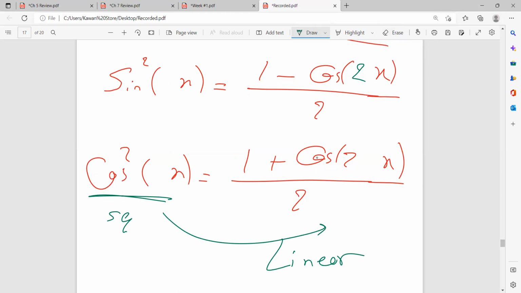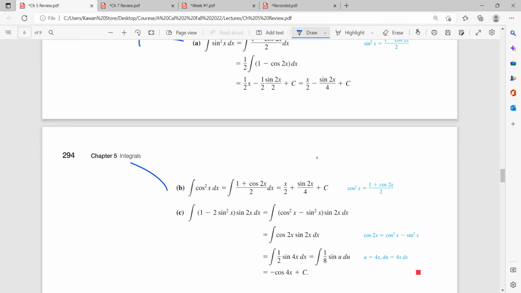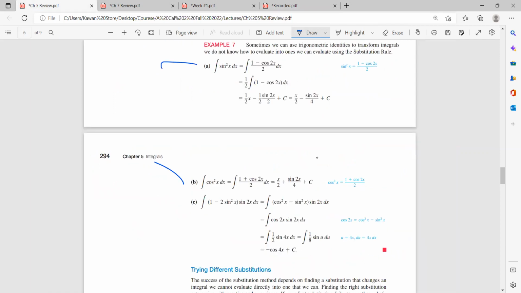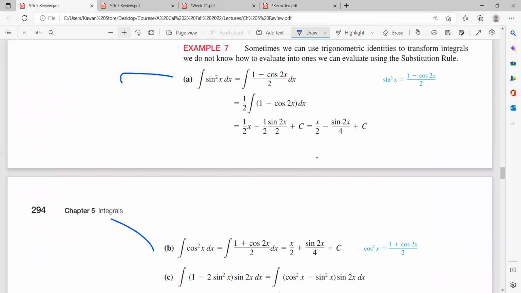So that's why here it's square, here it's 1. So I cannot solve the square. We should change it to linear by that rule. Understood, dears? You got the idea? Okay.